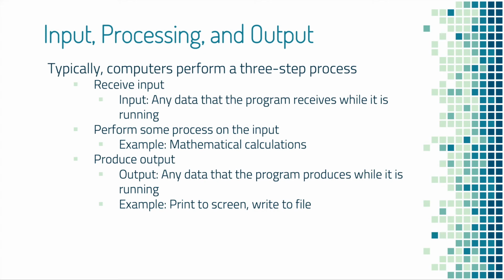All right, so now that we understand how to design a program, we can actually go into input, processing, output. So typically, computers perform a three-step process. They receive input, whether it's from another person, another computer, another input source. It performs some kind of process on the input, whether we're doing some kind of transformation, whether we're cleaning up the data, whether we're making some mathematical calculations, and then we're going to produce some kind of output.